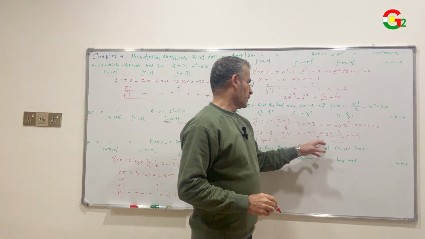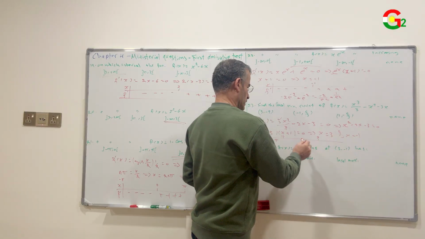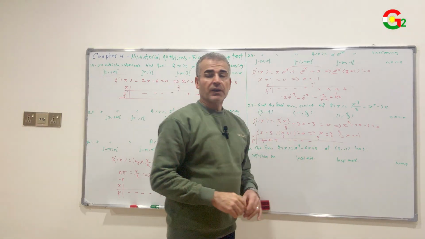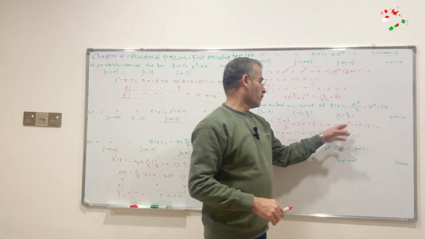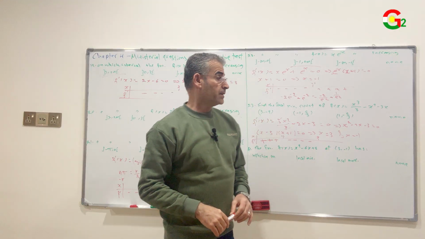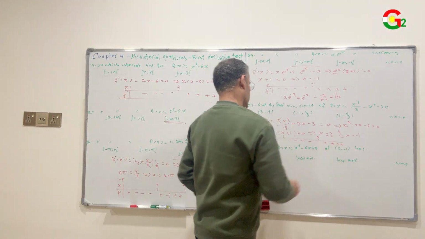Between -1 and 3, take 0. 0 minus 0 minus 3, it is a negative value. Greater than 3, take 4. 4 power 2, 16, minus 8, 8, minus 3, it is a positive value.